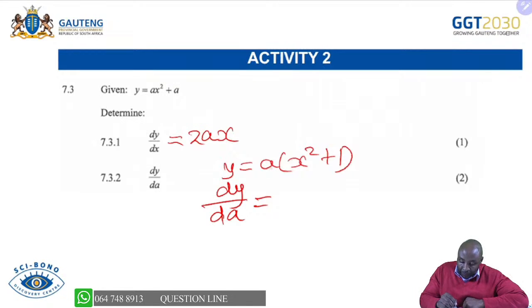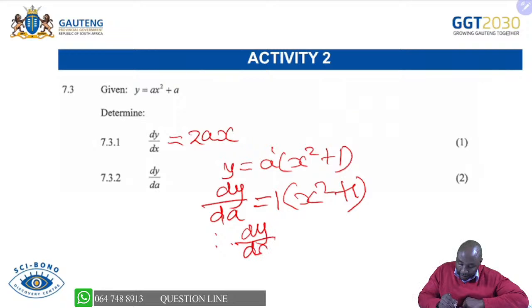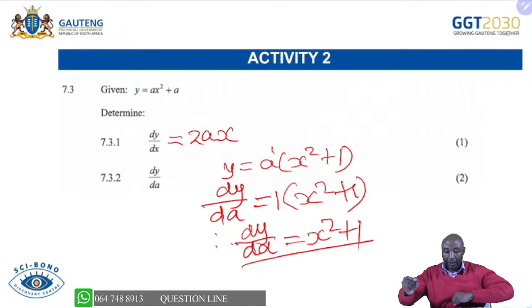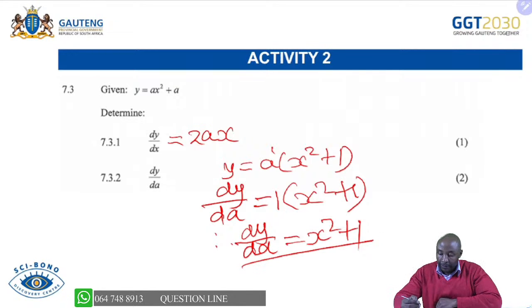And we know that the derivative of a gives us the exponent, in this case it's 1. 1 times a is going to be 1. A to the power 0 becomes 1, and we will remain with x squared plus 1 as the coefficient. Therefore, dy dA becomes x squared plus 1. So that will be our final solution for that question.